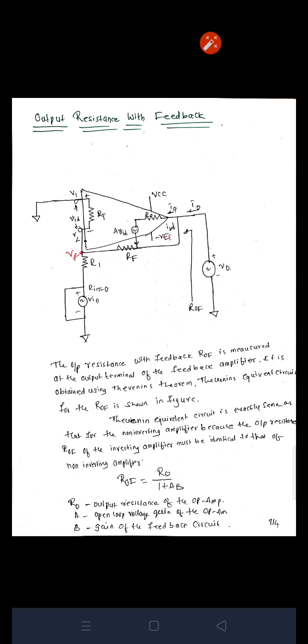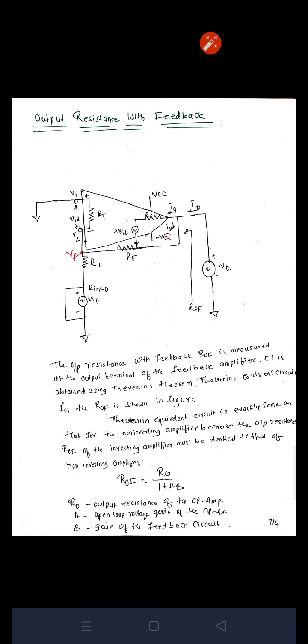Using the Thevenin circuit, it is seen that the inverting amplifier is the same as the non-inverting amplifier, so R0F of the inverting amplifier must be identical to that of the non-inverting one.